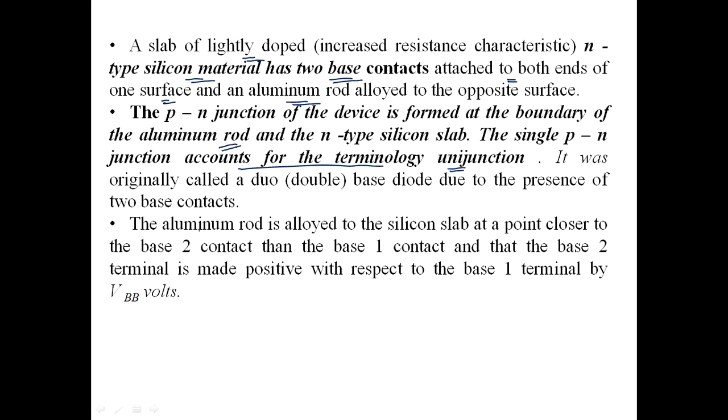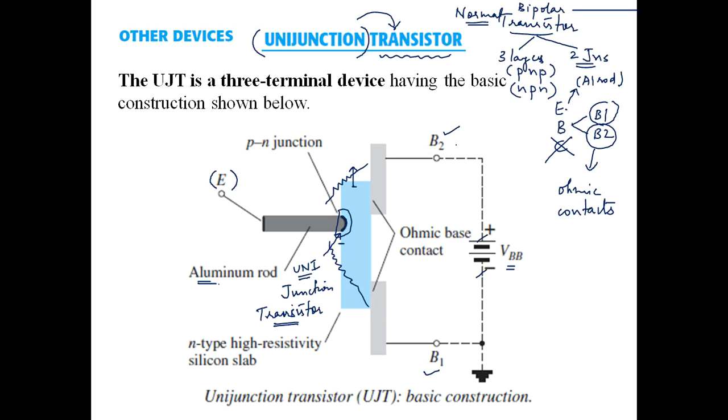Then the aluminum rod is alloyed to the silicon slab at a point closer to the base 2 contact than the base 1 contact, and the base 2 terminal is made positive with respect to the base 1 terminal by VBB volts. That's what is being told here, which means base 2 is being made more positive with respect to base 1. So this base 1 is relatively negative with respect to base 2. Okay, fine.